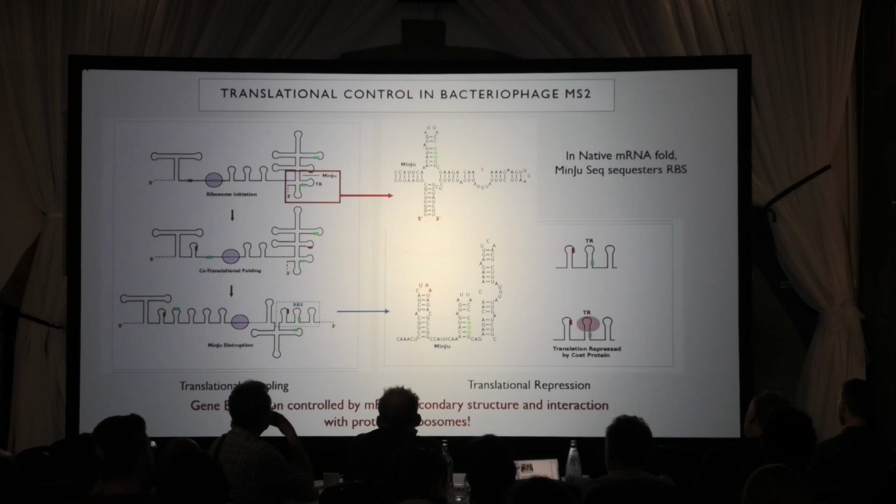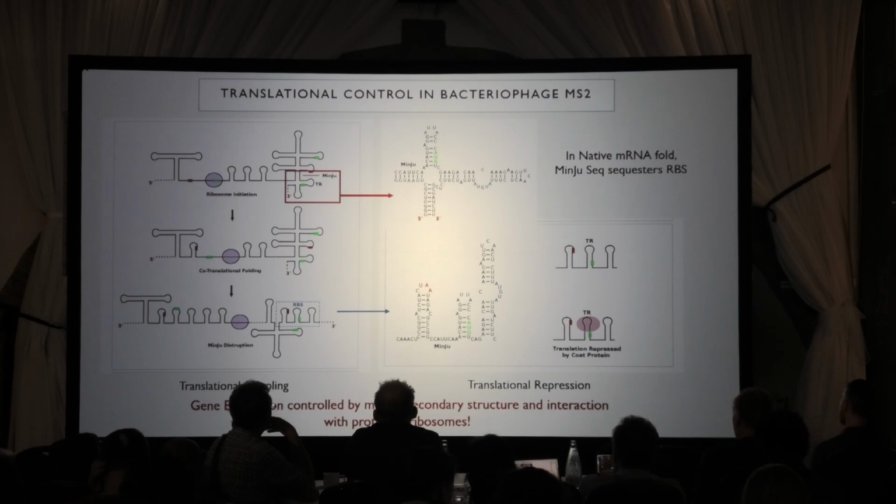That allows the ribosome to initiate on the replicase gene and make replicase. But later in the infection cycle, coat protein will bind this TR hairpin, which prevents the ribosome from melting this structure and accessing the start codon. So eventually it shuts off the synthesis.